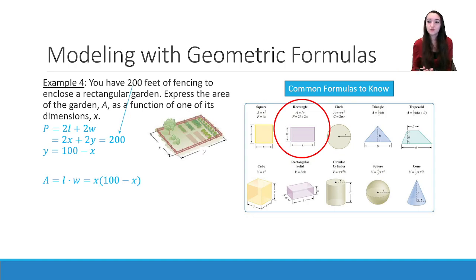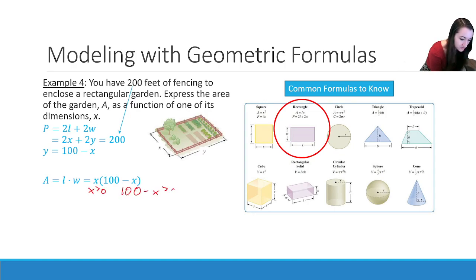We're still in a situation where I have to say we cannot have negative length. So we will be restricting our domain from x greater than 0 and 100 minus x greater than 0. So x greater than 0 already tells us something. I don't need to do any manipulation there, but here I'm going to solve.